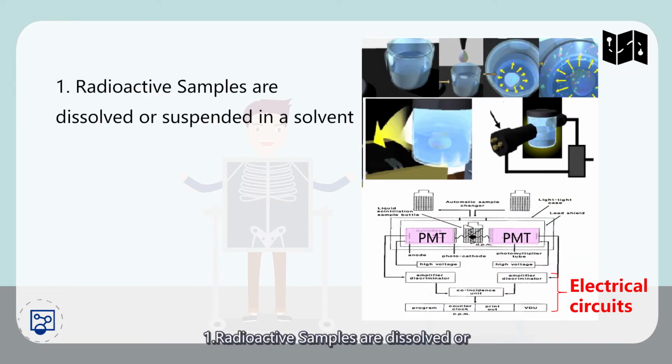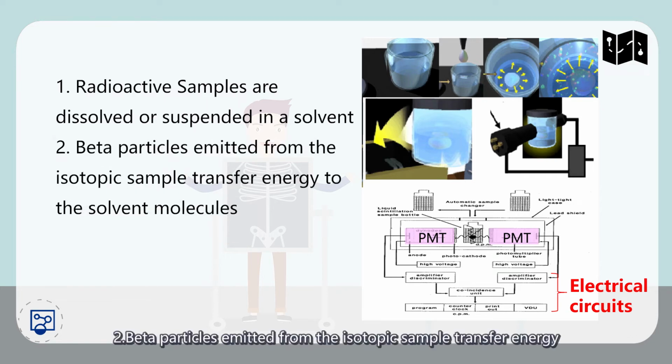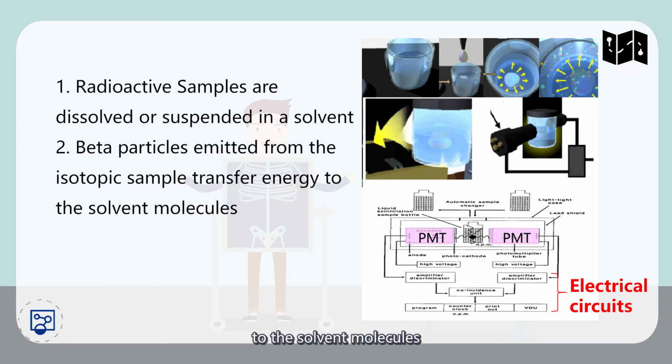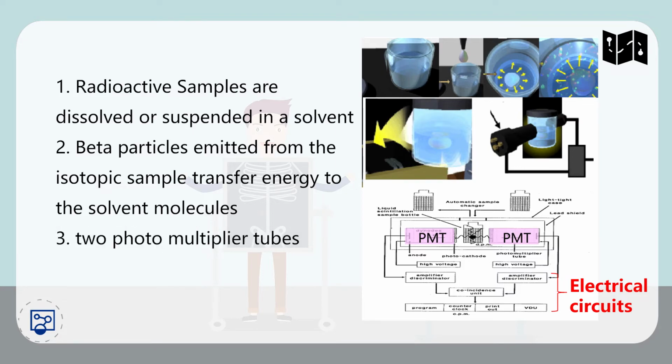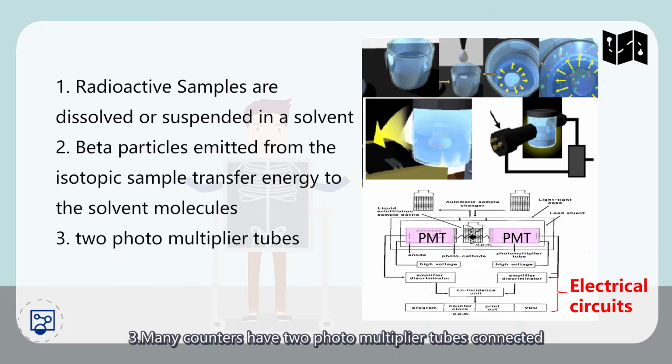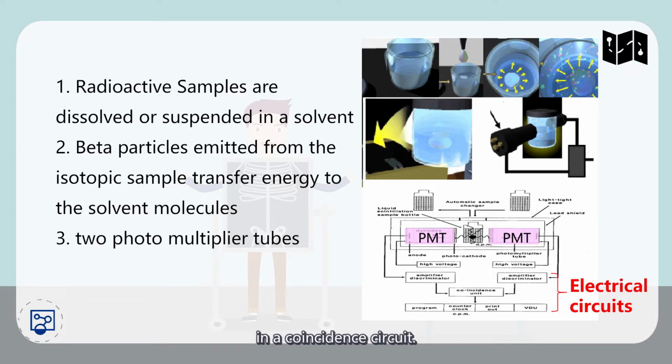First, the radioactive samples are dissolved or suspended in a cocktail containing a solvent. The beta particles emitted from the isotopic sample transfer the energy to the solvent molecules. Many counters have two photomultipliers connected in a coincidence circuit.